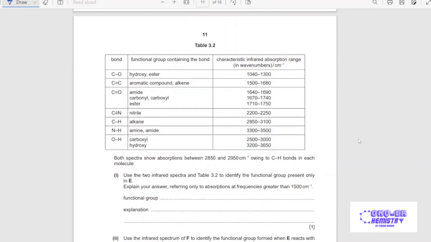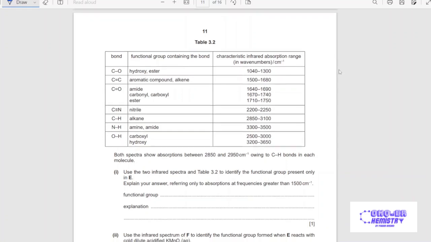By the way, they will now give you the different bonds and the functional groups they're part of and the characteristic infrared absorption ranges for each type of bond within the question. So this will not be part of the data booklet anymore. It's part of the question.